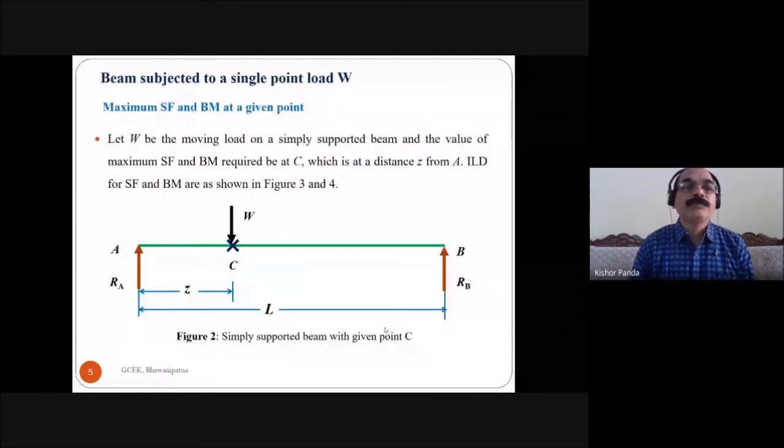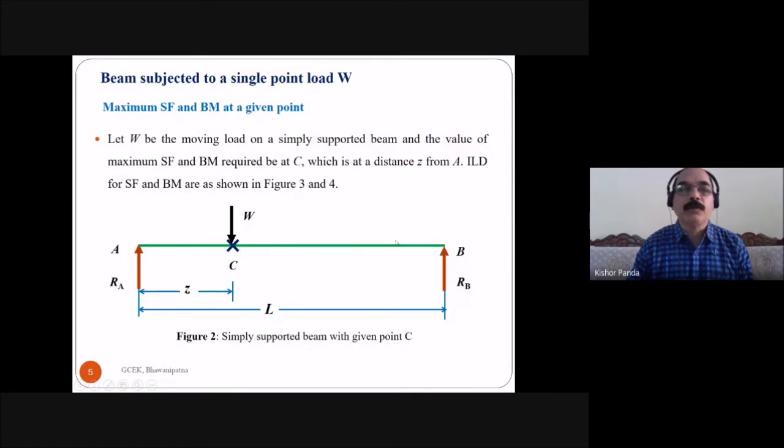Coming to a beam subjected to a single point load, or single concentrated load W. The single concentrated load is moving across a bridge or beam, across a girder, from left support to right support.